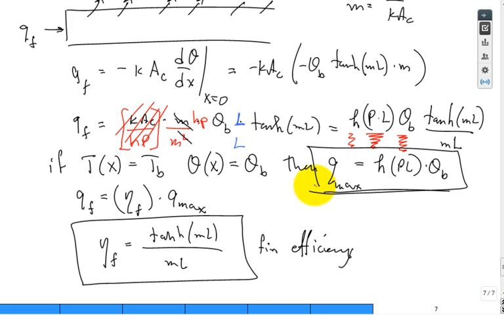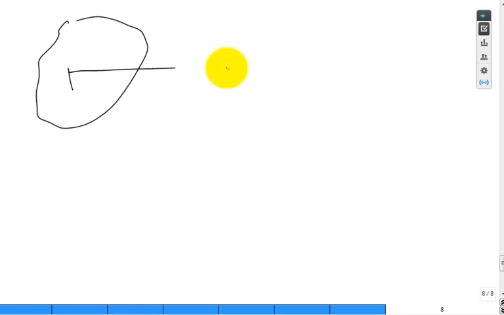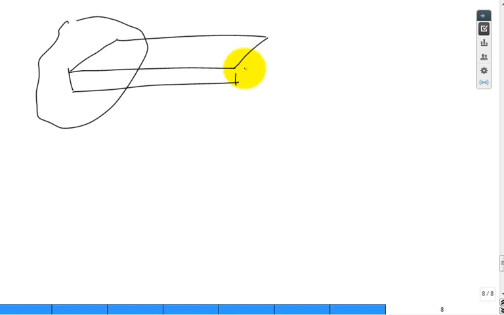So a lot of fins are not round, they're rectangular. Let's just quickly review what a rectangular fin looks like. Like that. So you'd still have the x going out from the base from 0 to L. But for the conduction area, we would have a different equation.